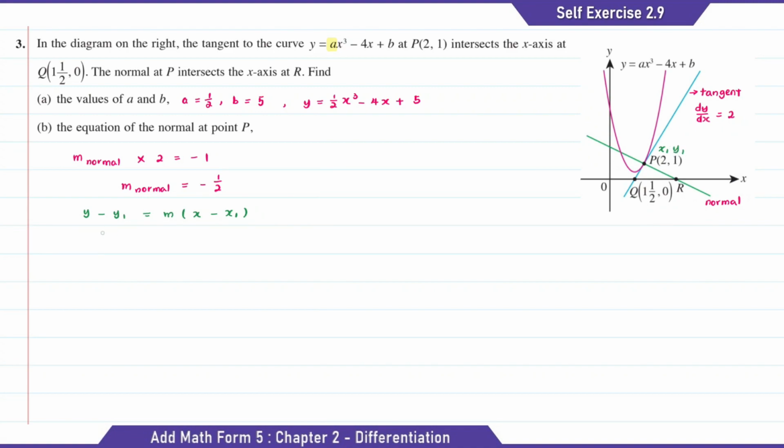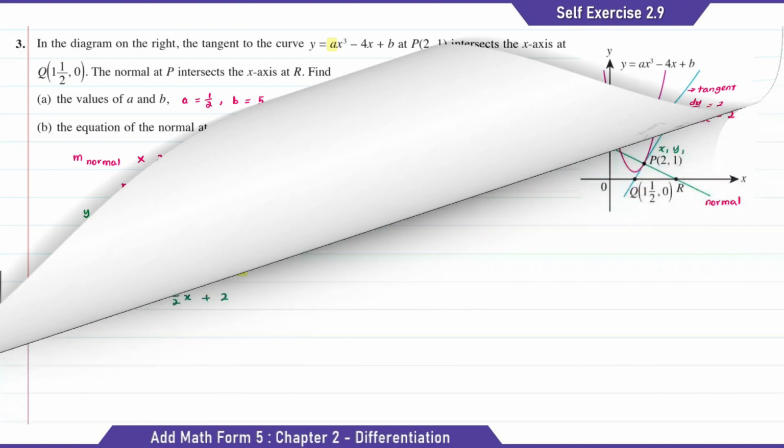Then the equation of the normal will be y minus 1 equal to negative 1 over 2 times (x minus 2). Then y equal to negative 1 over 2 x plus 1 plus 1. Then the equation is y equal to negative 1 over 2 x plus 2.